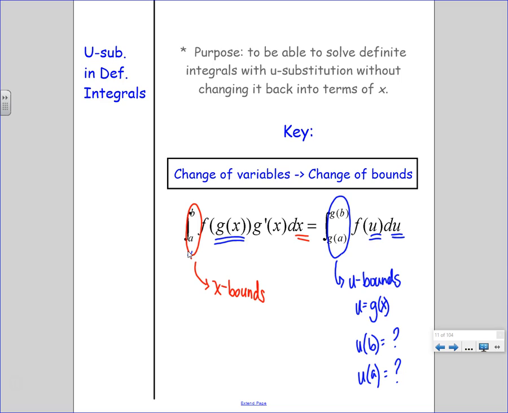Now, what if you're like, well, I don't want to show the bounds with u sub? Could you just leave the bounds off, and then anti-derive, and then get back in terms of x's, and then bring back the x bounds? Yes, but the problem is you're ignoring the bounds for a while. What does your brain tend to do when you ignore something for a while? Forget that it's there. Does that make sense?